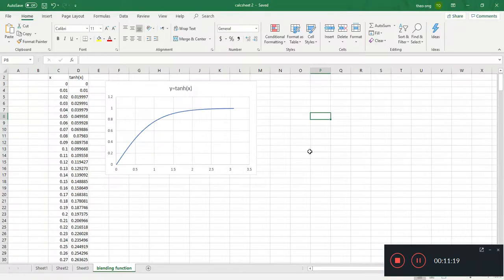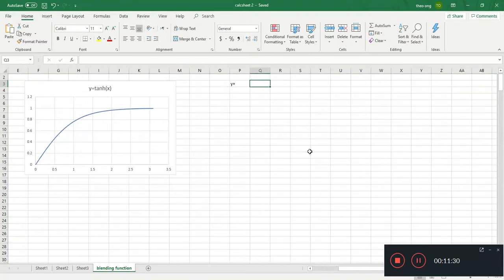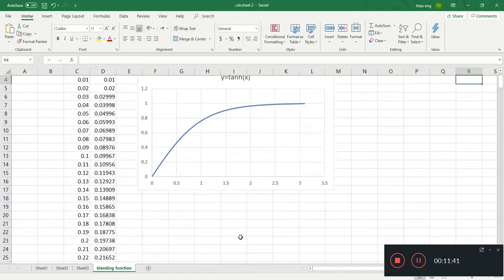I want a value of k plus with respect to y plus, so I'll have a column for y plus first, then a column for k plus, and then omega plus, or omega star plus. That's where I'm going to start.